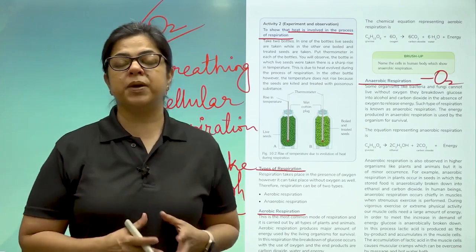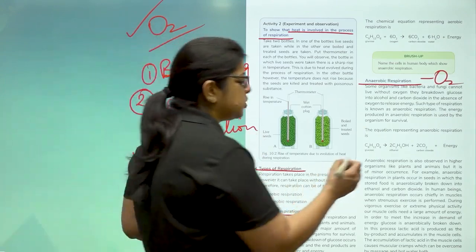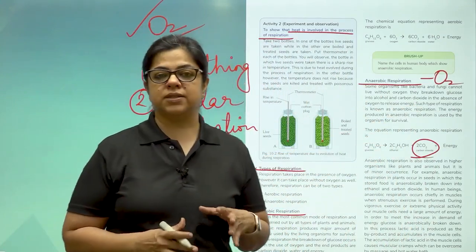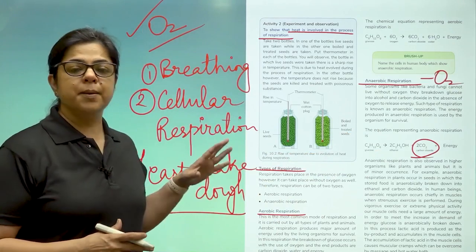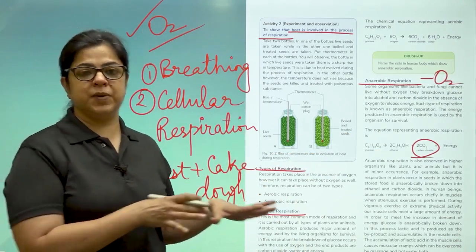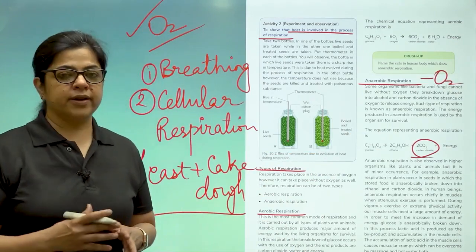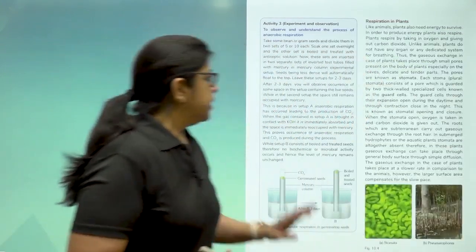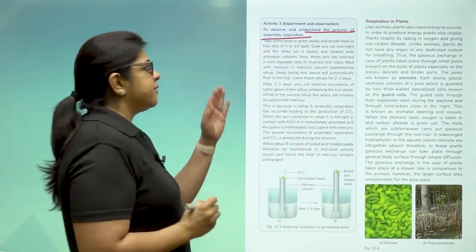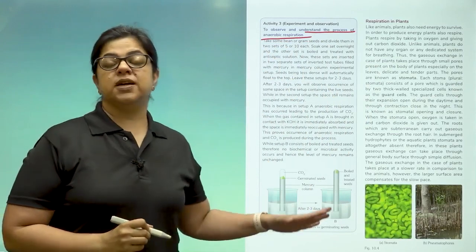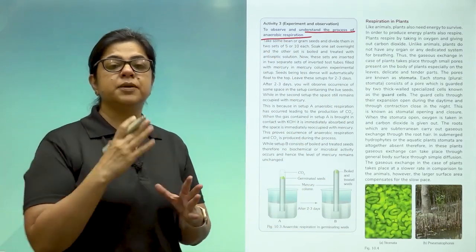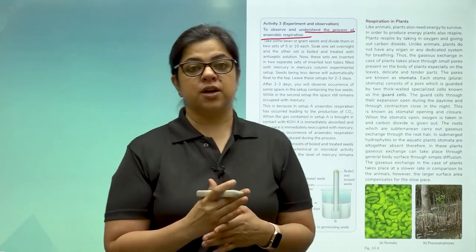It does anaerobic respiration, which leads to the production of a lot of carbon dioxide that adds fluff to the batter. So, anaerobic respiration usually takes place in lower organisms. Now, coming to understanding the process of anaerobic respiration, this can also be done through an experiment given in your book.